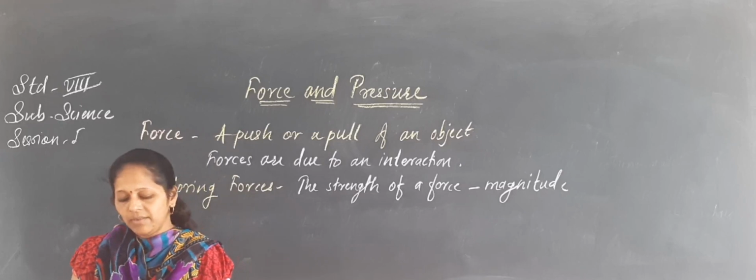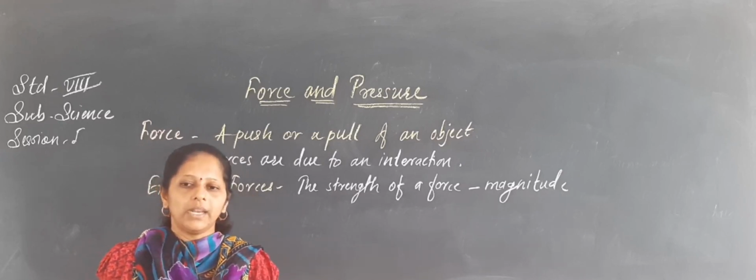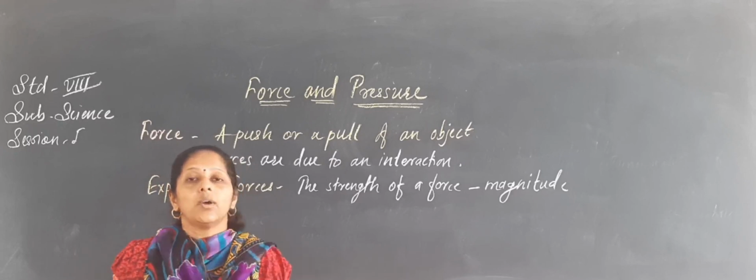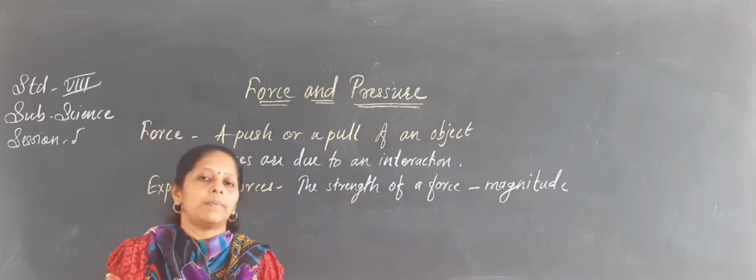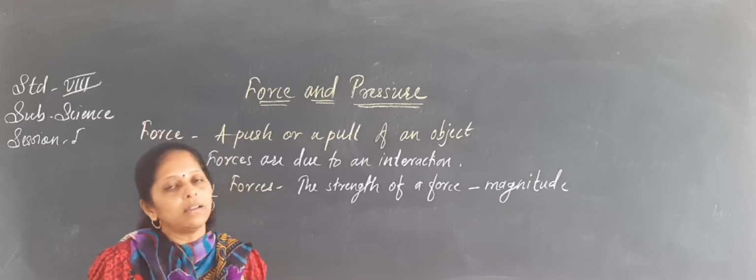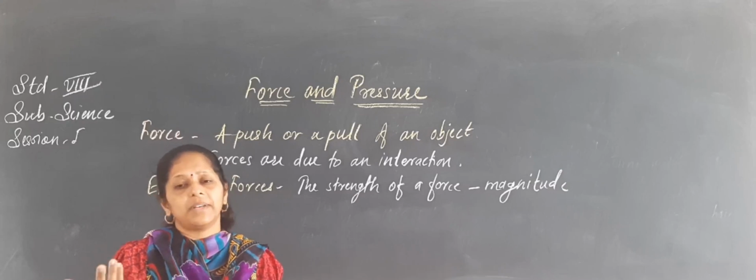You also know about moving objects, like a ball rolling on the ground slows down. Whenever you throw a ball, it slows down after it covers some distance. Otherwise, sometimes there is a change in direction.